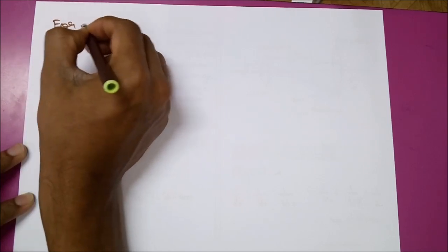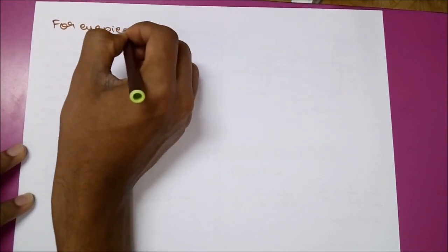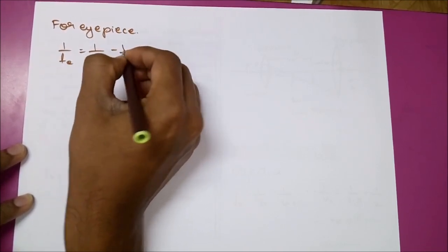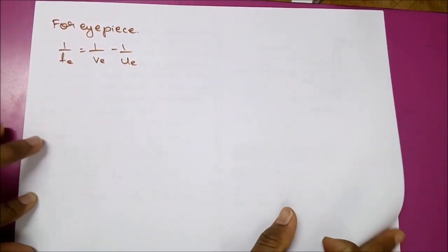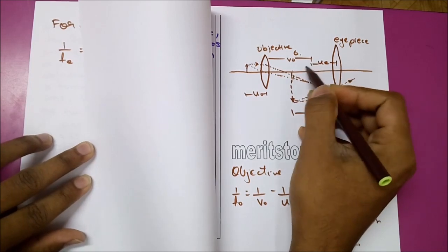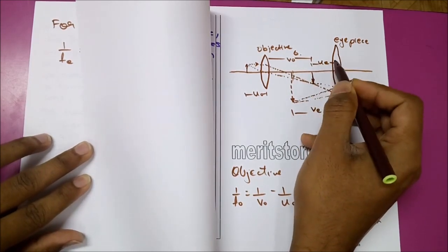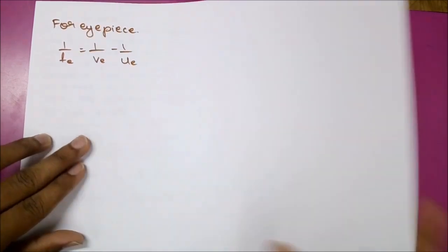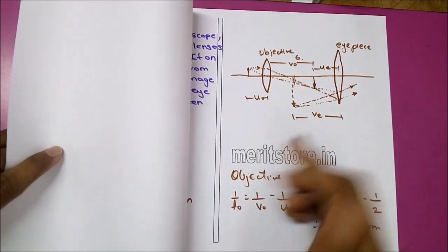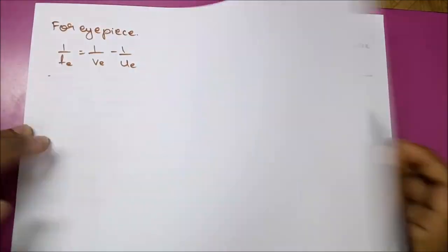Now for the eyepiece, again applying the lens formula, 1 upon fe is equal to 1 upon ve minus 1 upon ue. Now as we can see, the v0 serves as ue. The final ve is given at a distance of 25 centimeters.